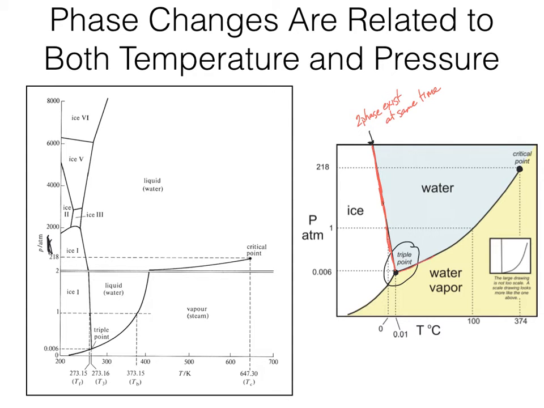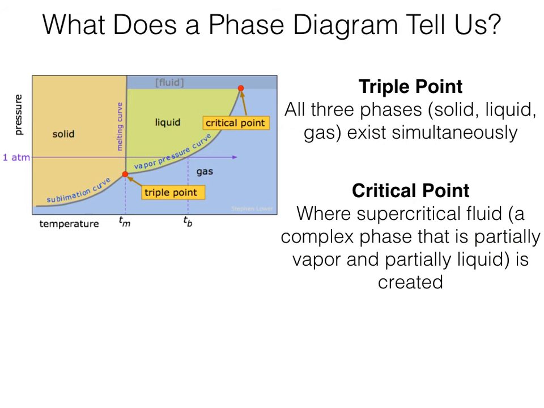And likewise, this line is where the water and the water vapor exist. So that's the boiling point. And notice that the boiling point changes and the melting point changes with pressure. Okay, so I kind of talked through this. A triple point, all phases exist simultaneously. A critical point is where a supercritical fluid is created.